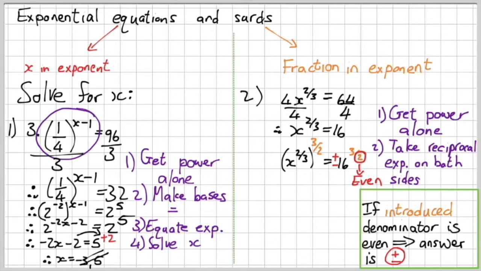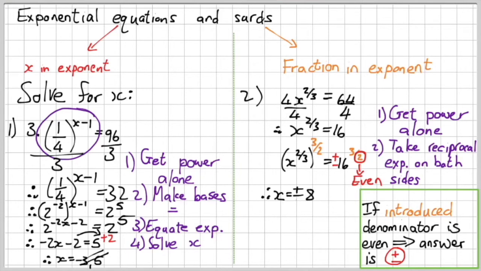So please be very careful. Please write down this little note that I made, and then go and try other sums as well. So, therefore, x is plus or minus 8.